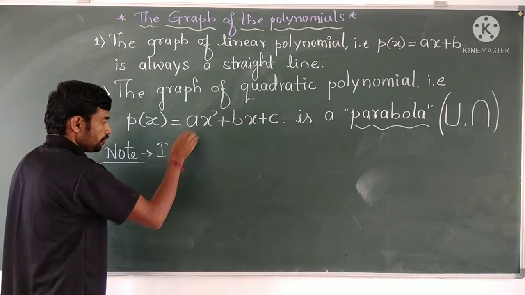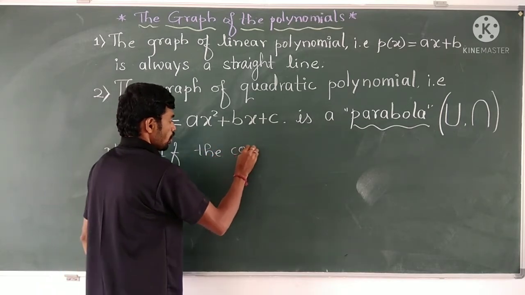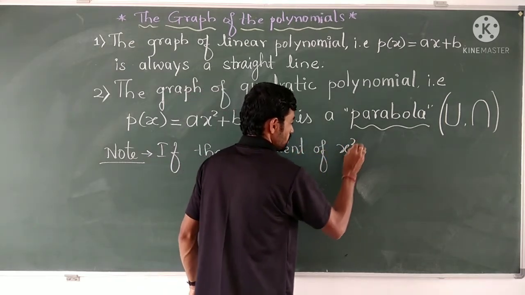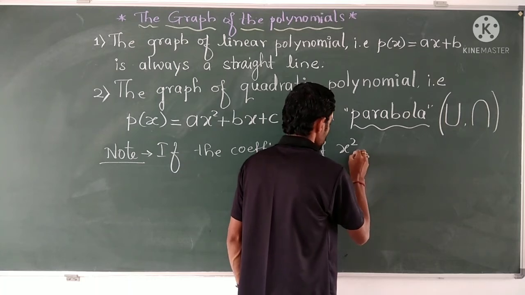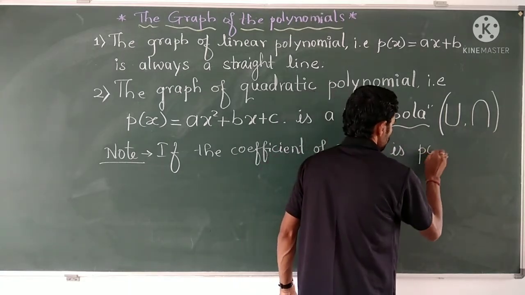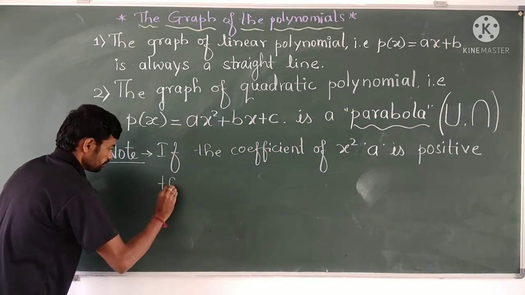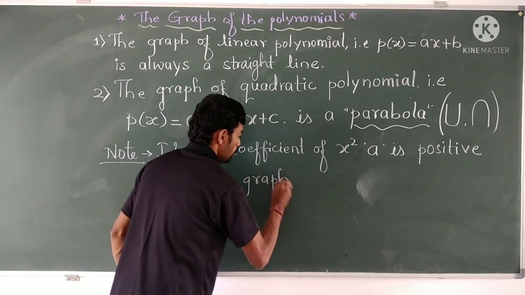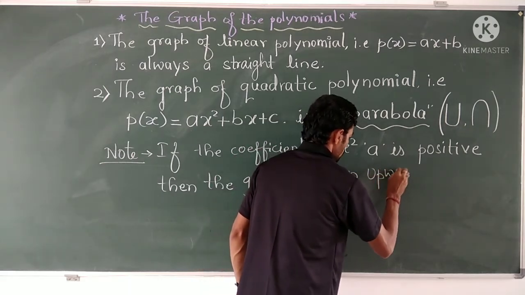If the coefficient of x square, that is a, is positive, then the graph is open upward.